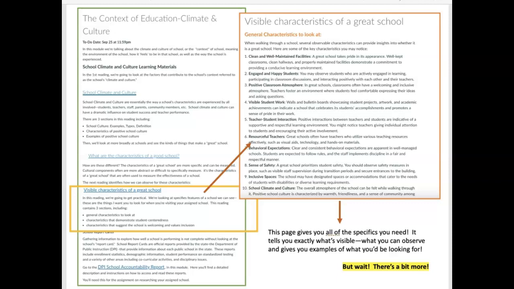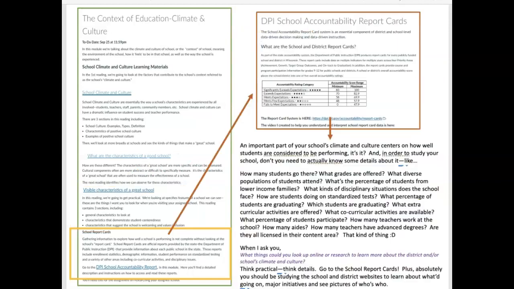I don't want you to specifically copy paste, but I want you to use this as a guide because not all of these things will be appropriate. Like resourceful teachers, it's a little bit difficult to observe for. So you want to make sure that you read through this and pick the ones that are appropriate.